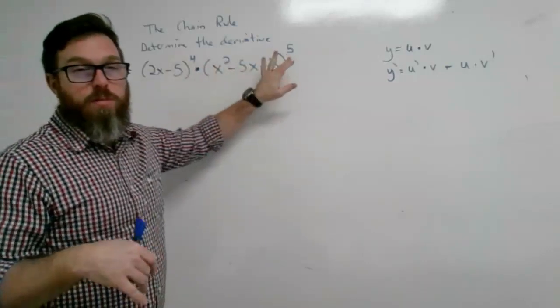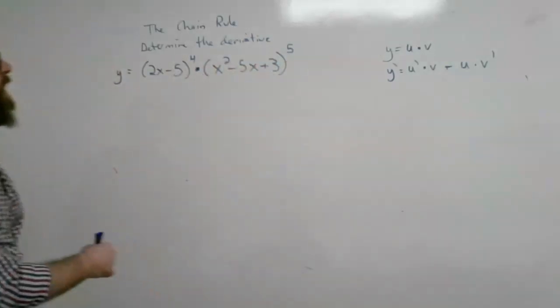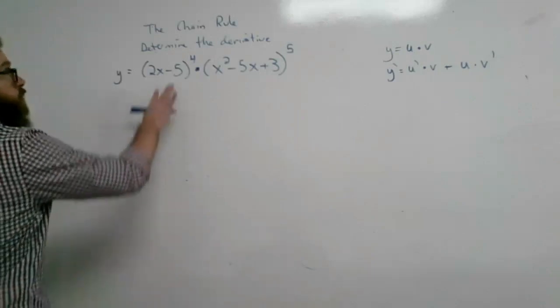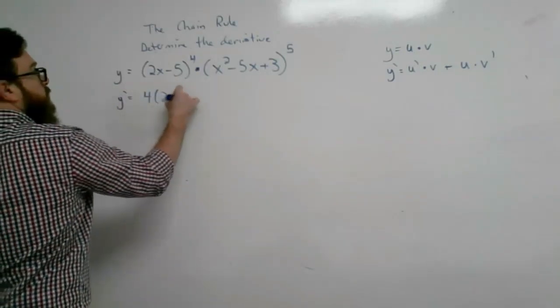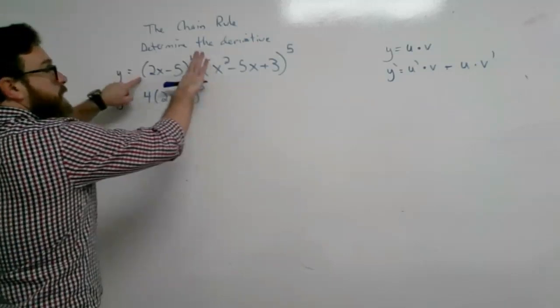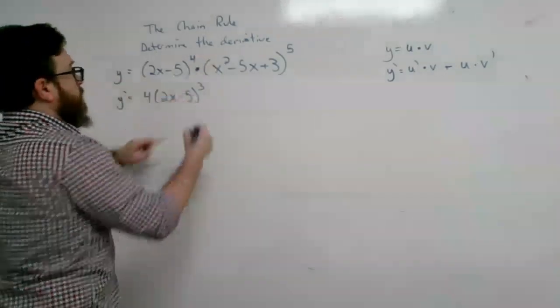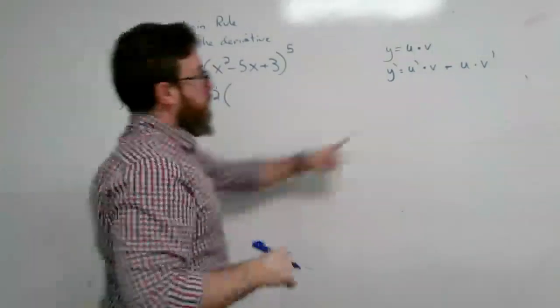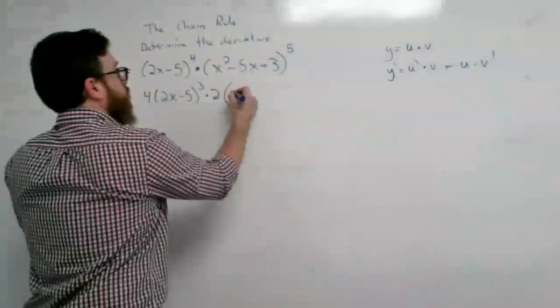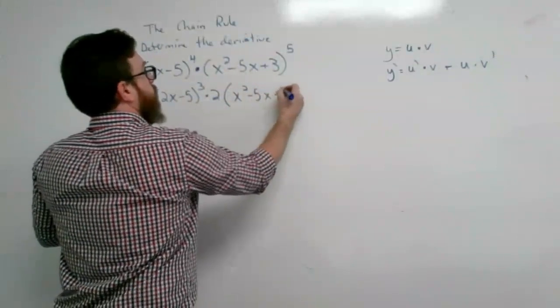This is also a function composed with a function. So when I take its derivative, I have to do that chain rule. So the derivative of the first is going to be 4 times 2x minus 5 to the 3rd. That's the derivative of the 4th power, multiplied by the derivative of the inside, which is going to be 2. Now times your v function, so times this function, which is x squared minus 5x plus 3 to the 5th power.